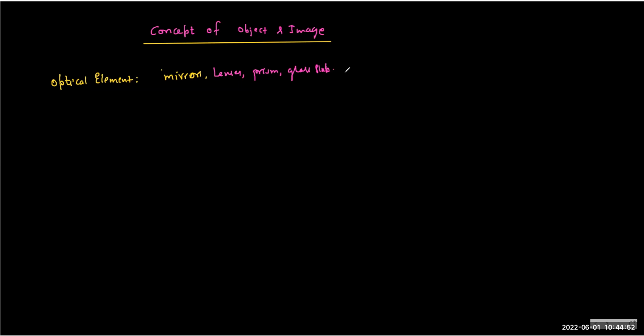So in fact, anything which is capable of bending light, we call an optical element.